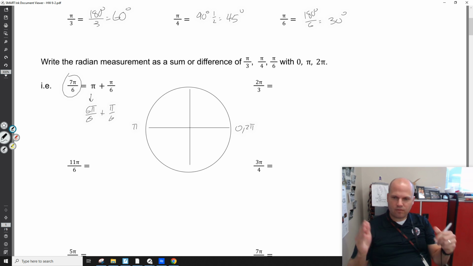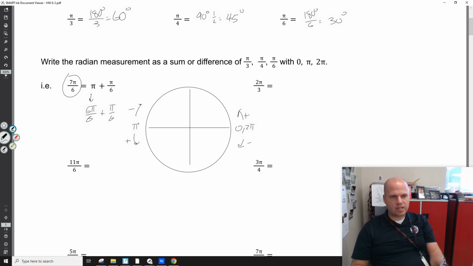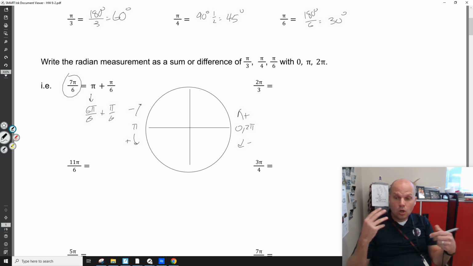Now, watch how I can find this location. I have pi, which is equivalent to 6 pi over 6. I understand that adding is going around counterclockwise, subtracting will be going around clockwise. I will take 6 pi over 6, I will add pi over 6, which means I will go counterclockwise by pi over 6. What's pi over 6? You're going to keep this in your brain.